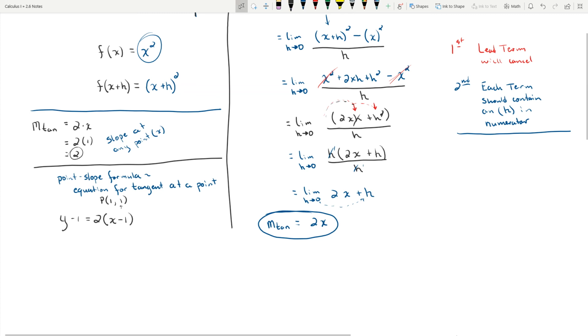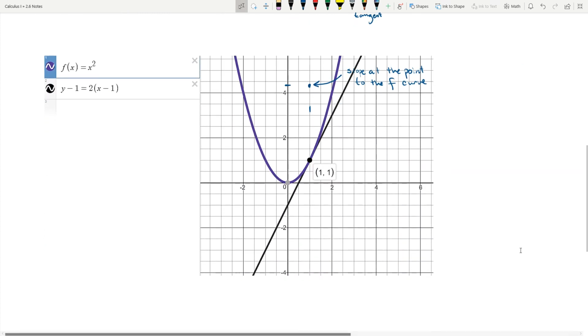And that is exactly what I put in here, which is y minus 1 is equal to 2 times x minus 1. You could further simplify this to y minus 1 equals 2x minus 2, and it would give you the exact same tangent line, this tangent line that runs right through that point (1, 1). And that's exactly what we wanted.